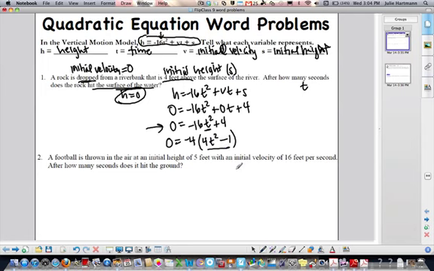Well, thinking back to all of our different factorings, we know that 4t squared minus 1 is the difference of two squares. Alright, so we have 0 equals negative 4 times, what can we multiply by itself to get 4t squared? That is 2t. And what can we multiply by itself to get a positive 1?